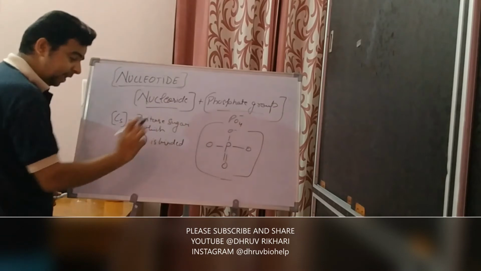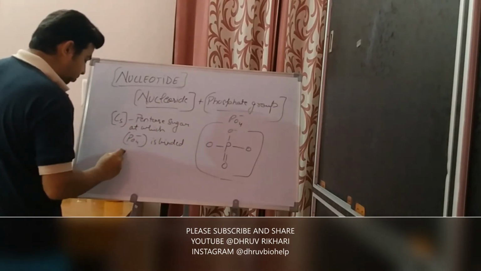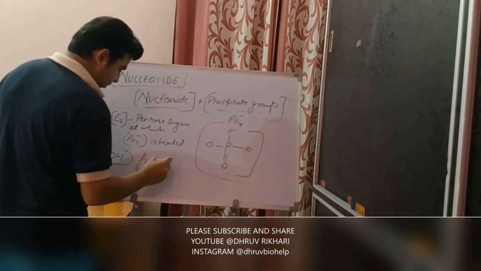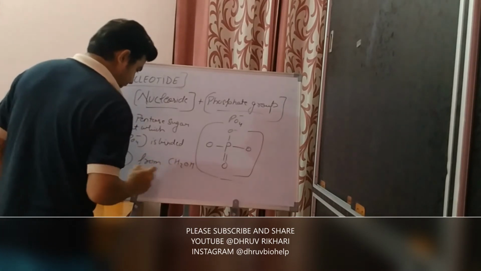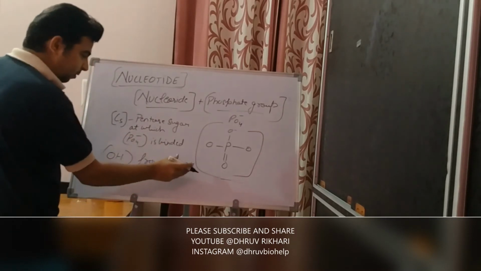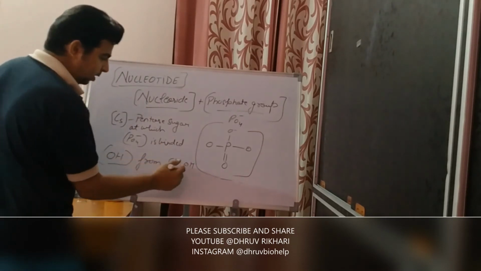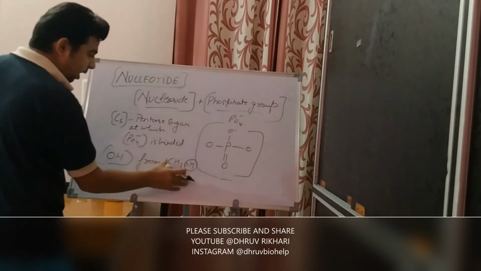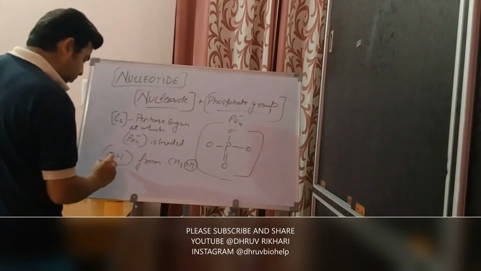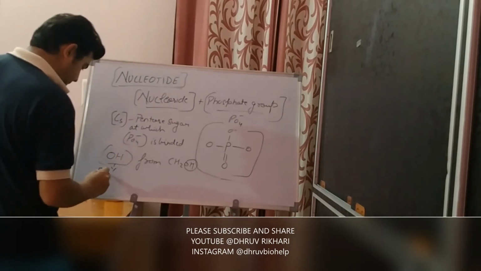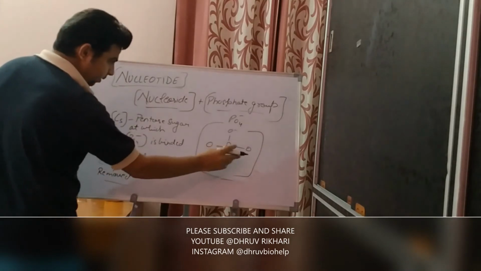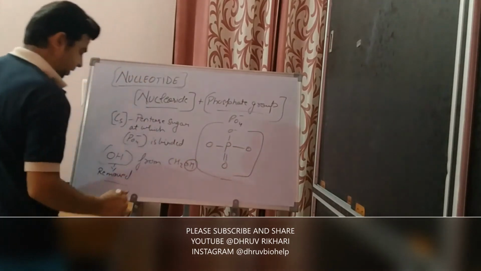Now this binding takes place by the elimination of OH from CH2OH. This OH from carbon 5, the carbon which is present at 5th position, this OH group is removed, and by the elimination of this OH, this phosphate group get attaches at this position.